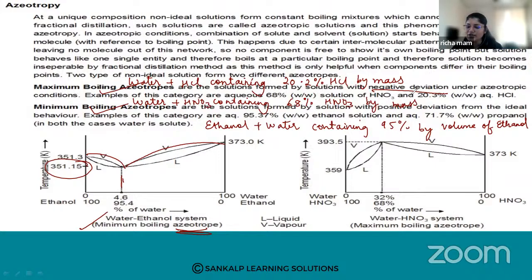Understood what azeotropes are and what the types of azeotropes are? Yes, ma'am. Okay. So remember what azeotropes are: these are liquid mixtures which boil at constant temperature, so they have a constant boiling temperature.